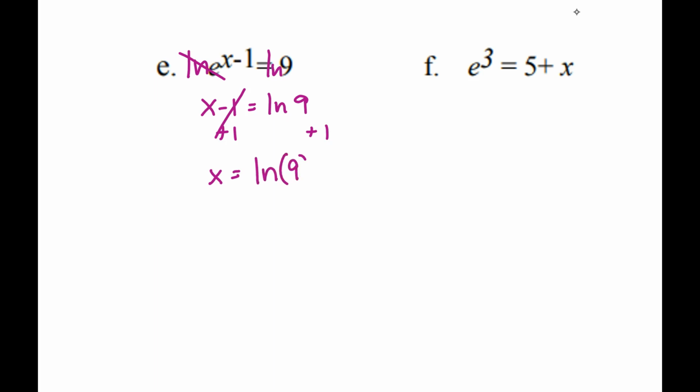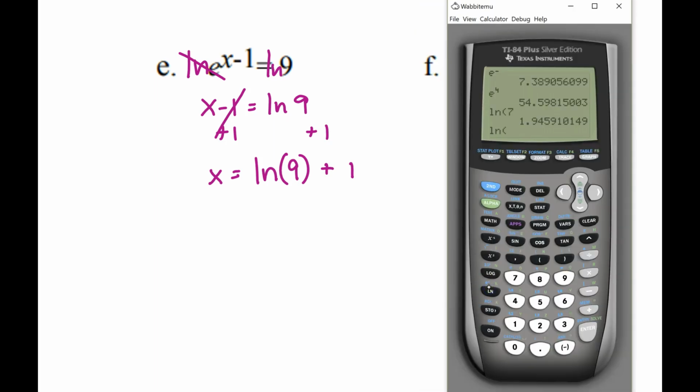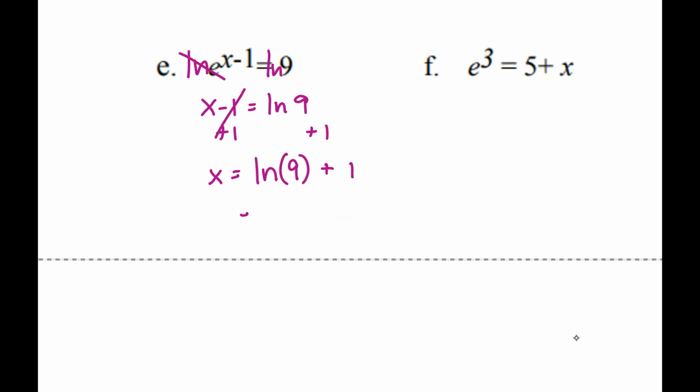No. The natural log is logging the 9. So the operation happening to the 9 is it's being logged. We cannot just add 1 to that 9 because it's being logged. So in our calculator, we're just going to do natural log of 9 plus 1. And we get 3.197, which rounds up to 3.2.